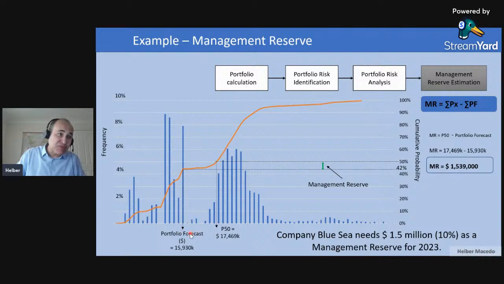It's showing that this company needs $1.5 million as management reserve to protect the business. And here, in the book I give more details, we can move this dot a bit more to the right, or I can have a high appetite to risk and move to the left. But this is the way that I'm proposing you calculate the management reserve to protect the business.